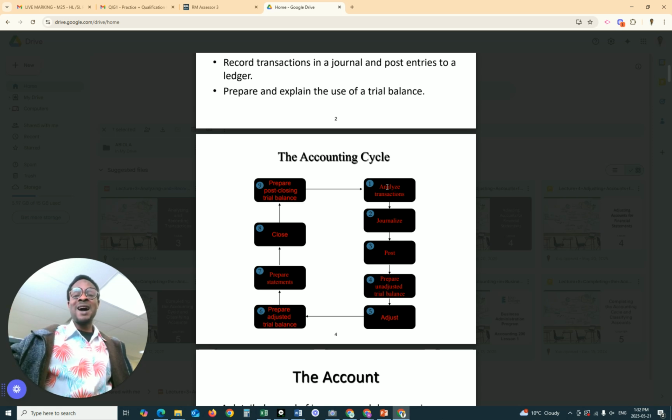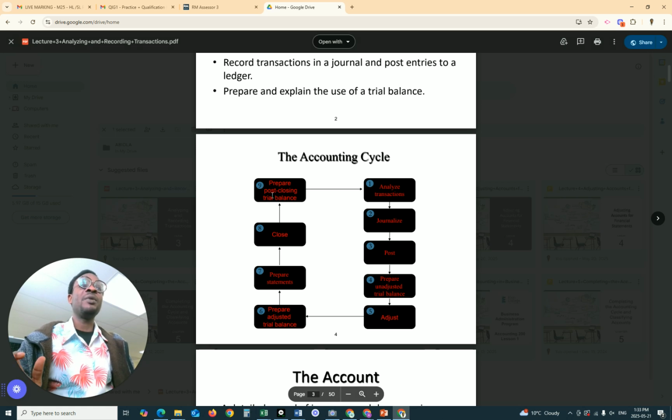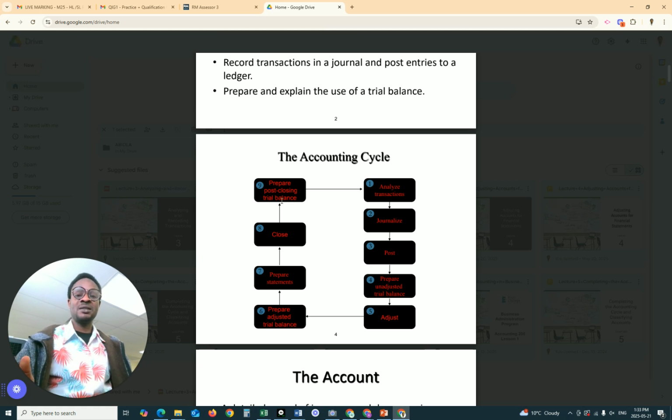Accounting has record keeping and other functions like analysis, classification, interpretation, preparation, and communication of financial statements. So once there is a transaction, or a collection of transactions, you analyze the transactions till preparation of the post-closing trial balance.